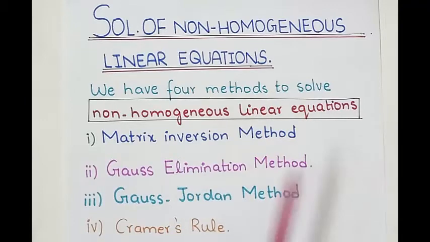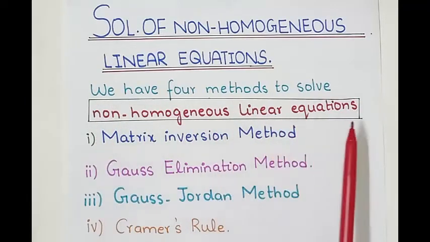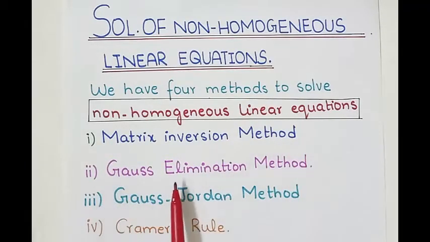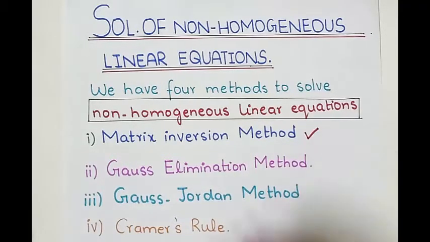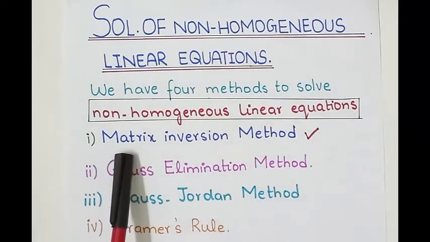So today we will study that we have four methods to solve linear equations: by matrix inversion method, by Gauss elimination method, by Gauss-Jordan method, and by Cramer's rule. All of these four rules when applied to a certain matrix give us the same answer. So for today's lecture we will learn how to find the solution of non-homogeneous linear equation by matrix inversion method.